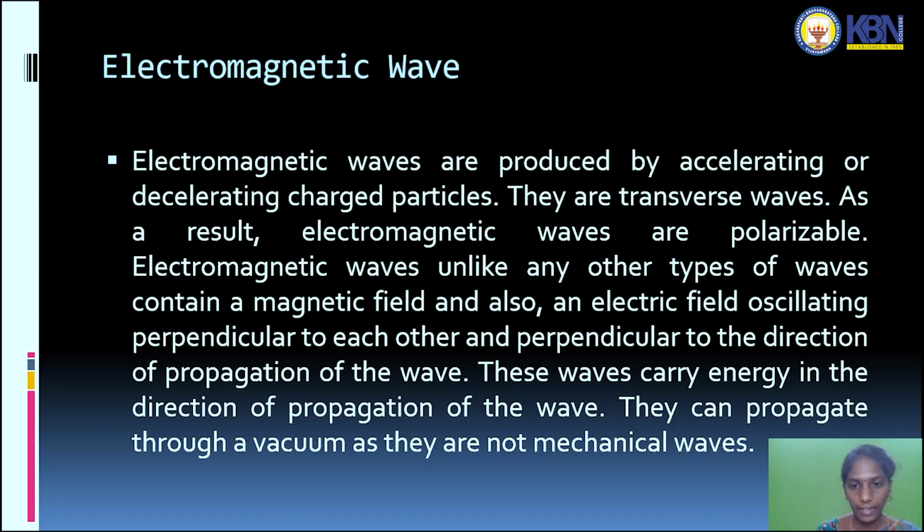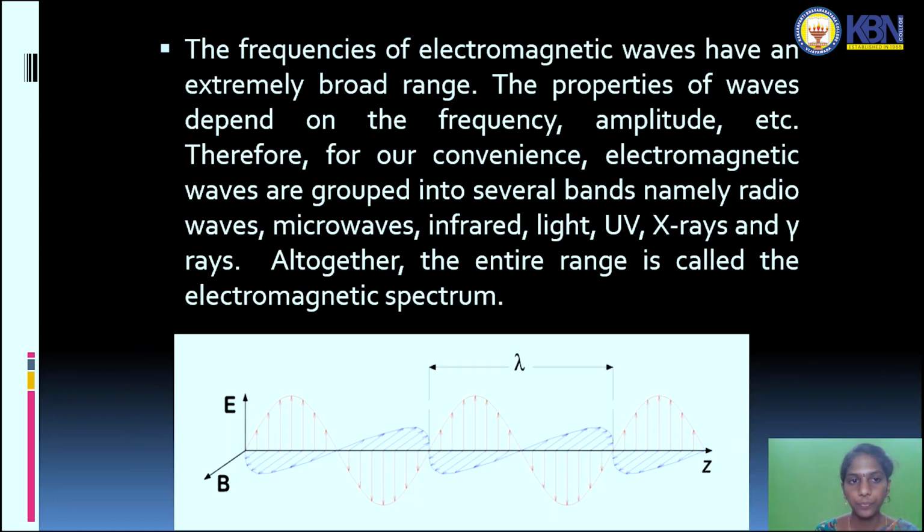Electromagnetic waves, unlike any other type of waves, contain a magnetic field and also an electric field oscillating perpendicular to each other and perpendicular to the direction of propagation of the waves. These waves carry energy in the direction of propagation of the wave. They can propagate through a vacuum as they are not mechanical waves.